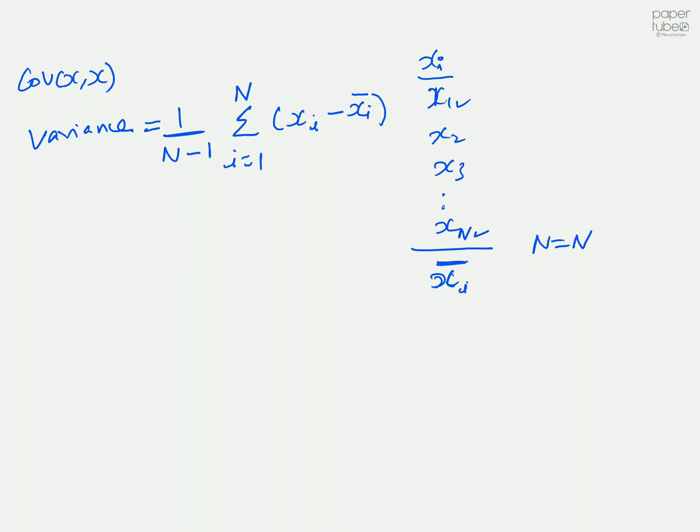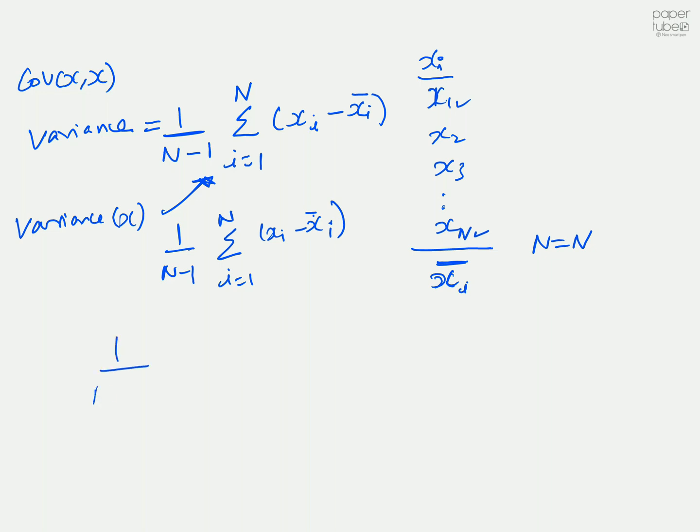So the variance of x in this case will be given by this formula: 1 by n minus 1, summation of i equal to 1 to n, of xi minus the average of xi. That's the rule. And if it's the covariance of x comma x, it will be this whole term, i equal to 1 to n, xi minus xi average, multiplied by the same again.